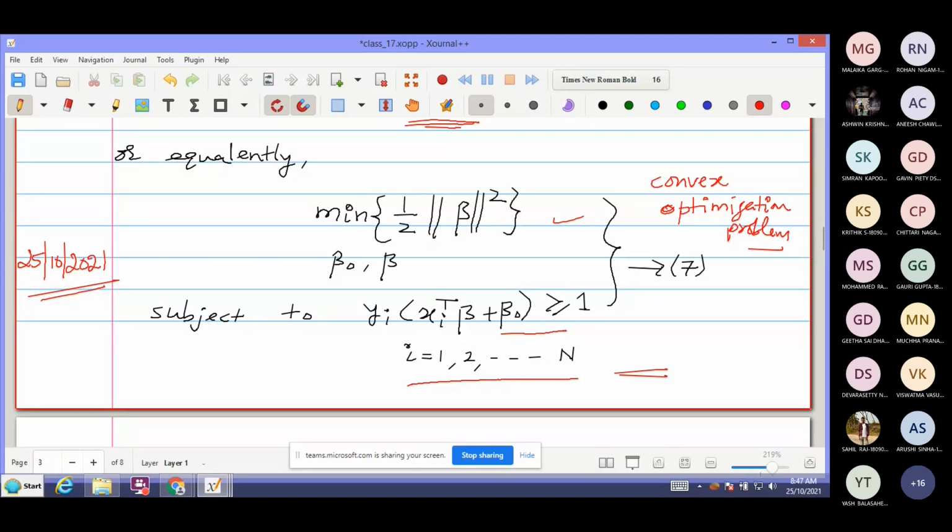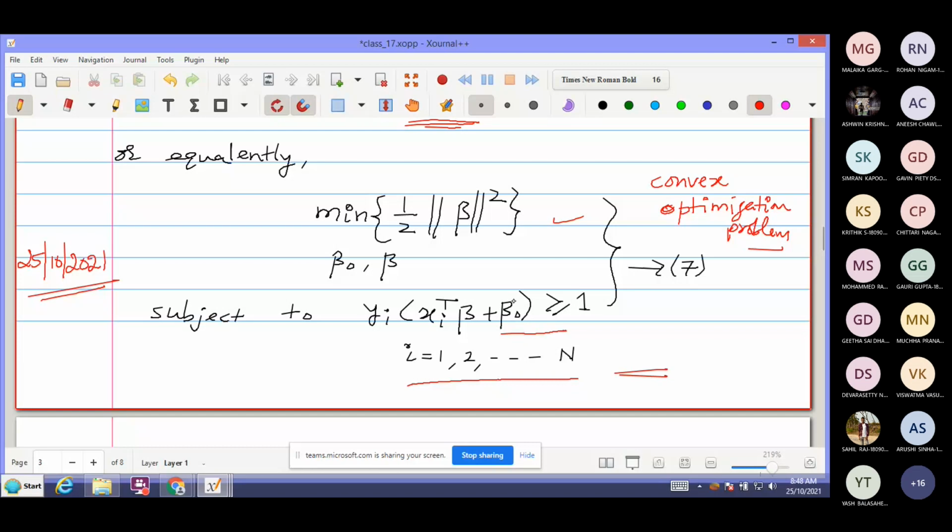So this criterion, equation 7, the objective function, is basically a convex optimization problem, and this requires a background of a Lagrangian primal function. I don't know whether you have come across it, but for the time being we will not go into the details, only the result part or the simplification part we will see.